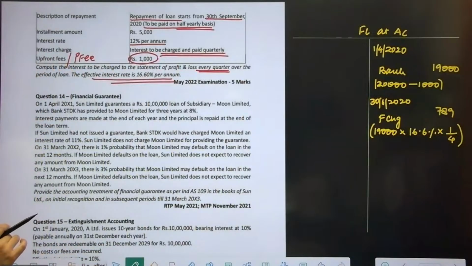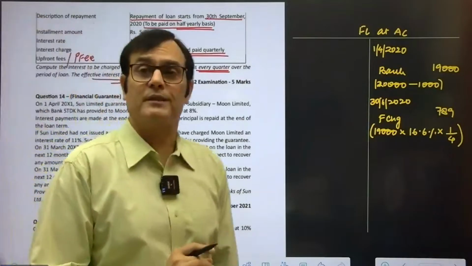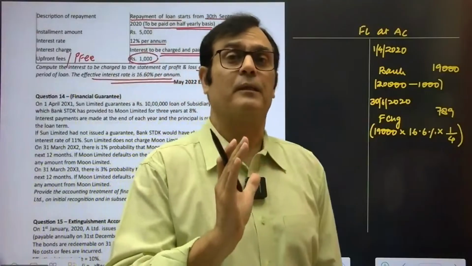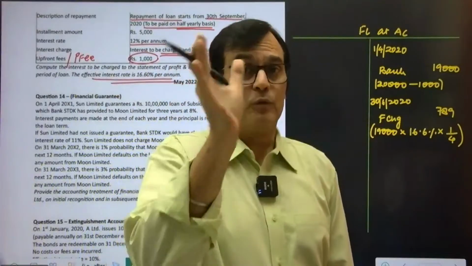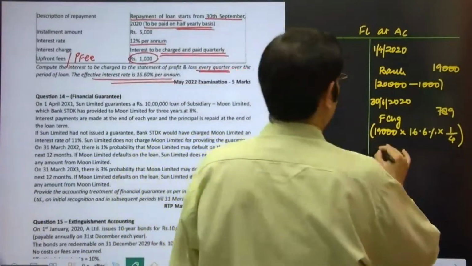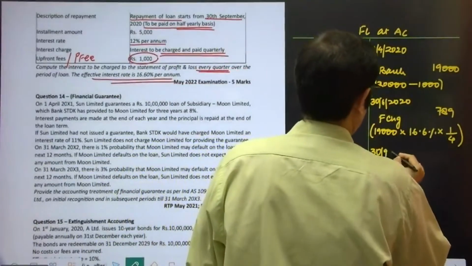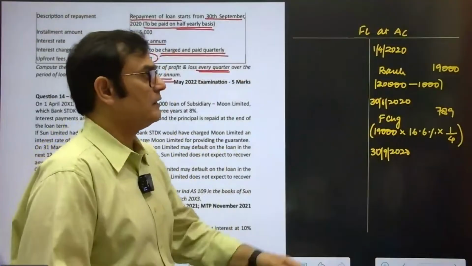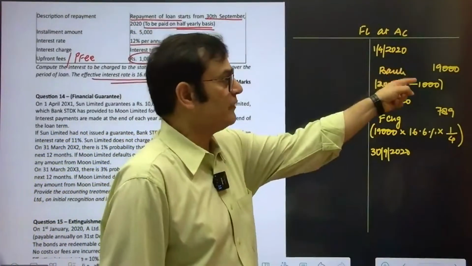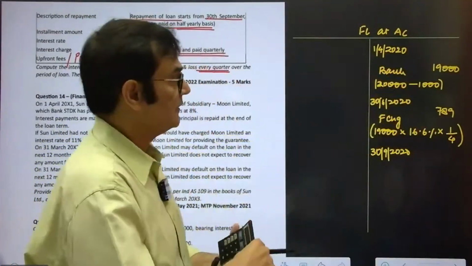Now, can I say again, I'll put another entry on 30th September because the principal is paid in 4 half-yearly installments. So you'll again go to consider interest on 30th September. Yes, sir. And this interest will be taken on the total balance, including the finance charge as well. Yes, sir. Compounded.